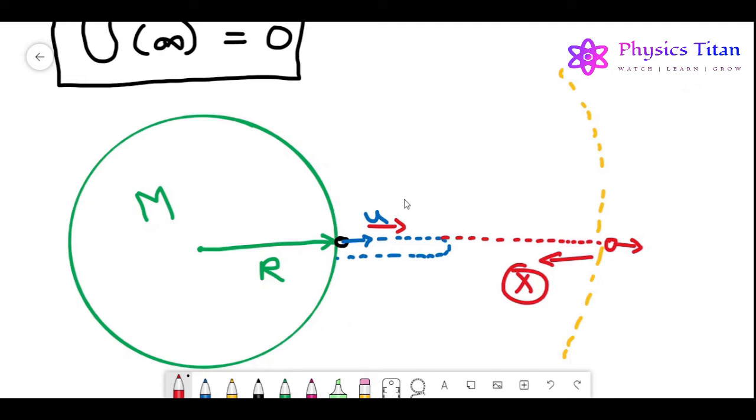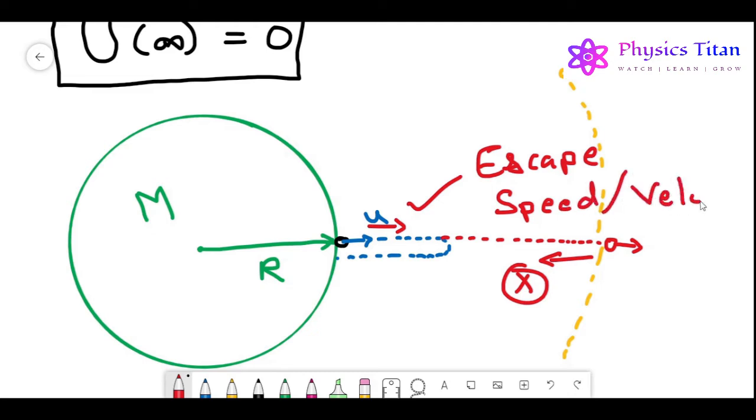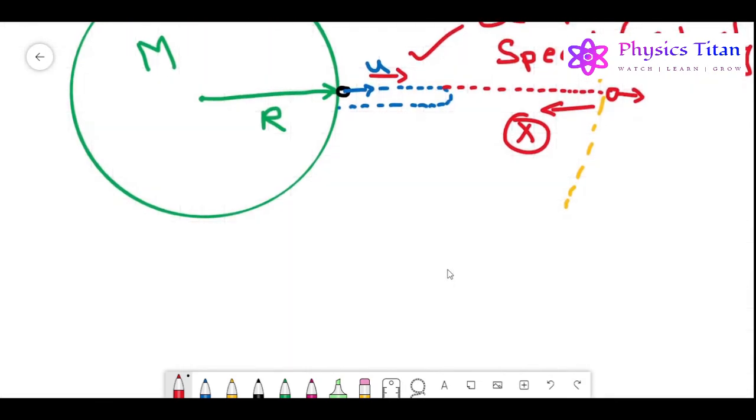The answer is yes, there exists such a speed, and this speed is known as escape speed, or sometimes escape velocity. So this is the concept of escape velocity. Now let us derive the equation for this escape velocity.